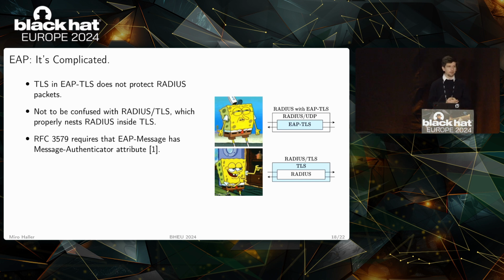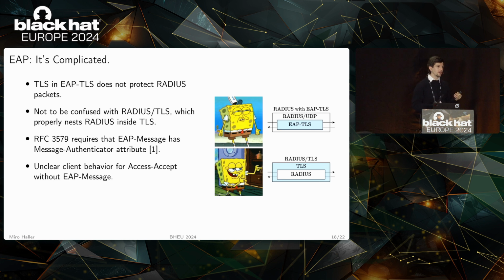So going back to EAP TLS, the way this works is that the Radius messages have an EAP message attribute, which then has the encapsulated EAP messages. And so the standard requires that if you have an EAP message attribute, then you also need to have a message authenticator attribute. And I said before that this attribute prevents our attack. So this is looking good for EAP at this point.